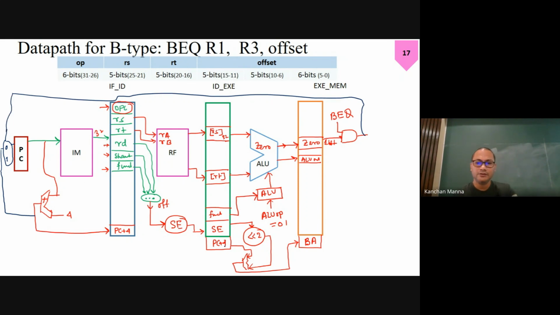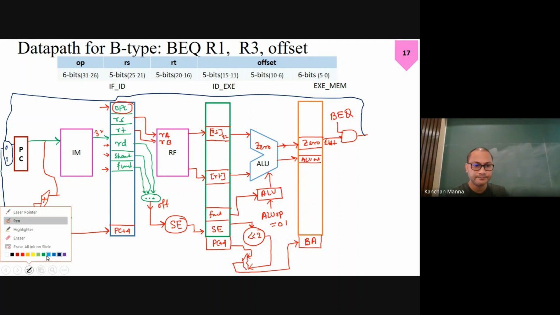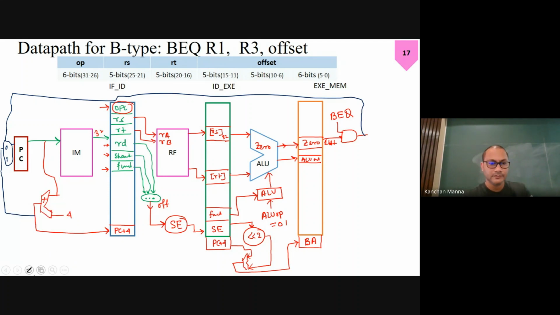Okay. And now we have to provide the branch address. So the branch address will come from this stage. Clear?